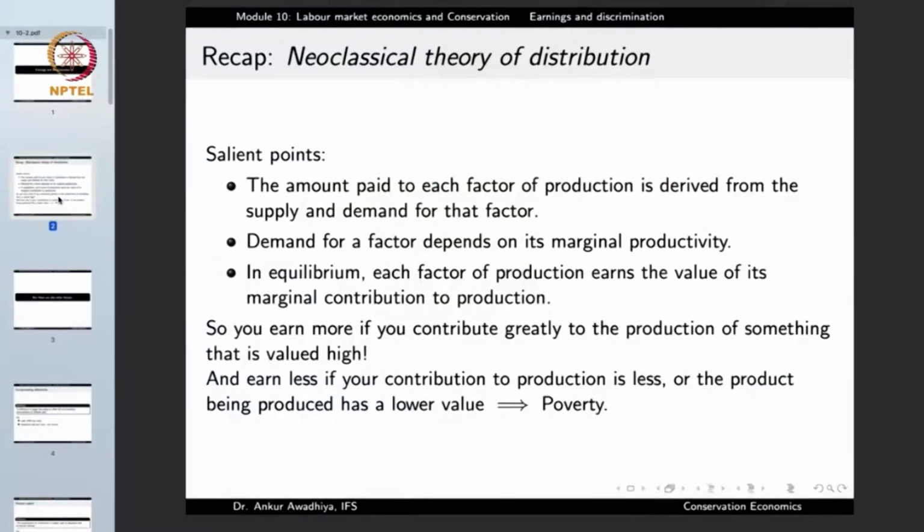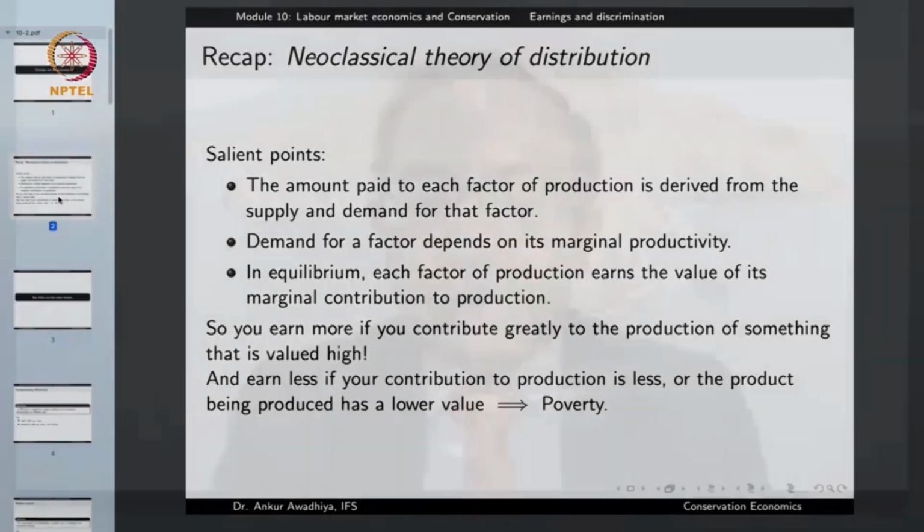Third, in equilibrium, each factor of production earns the value of its marginal contribution to production, which means that if somebody is contributing greatly to the production of something that is valued high, in that case, the person will be earning more. A good example is people who work in making of a software that is valued high, and they are putting in the major share of making that software.